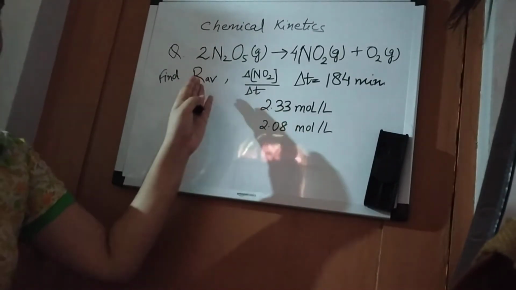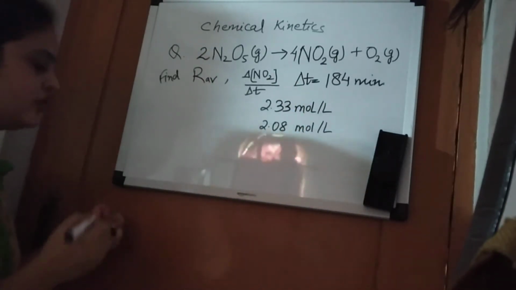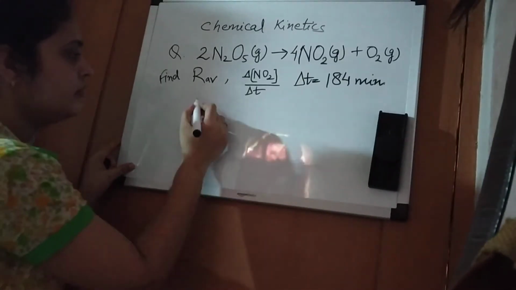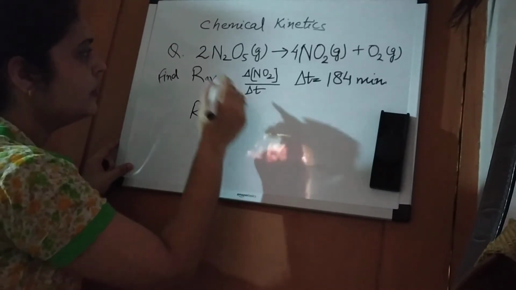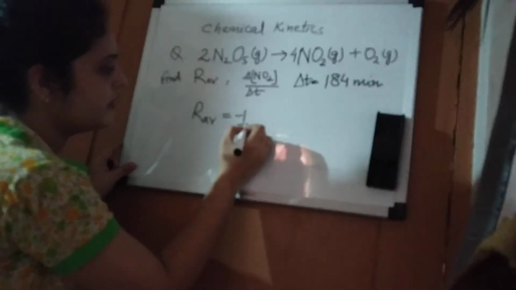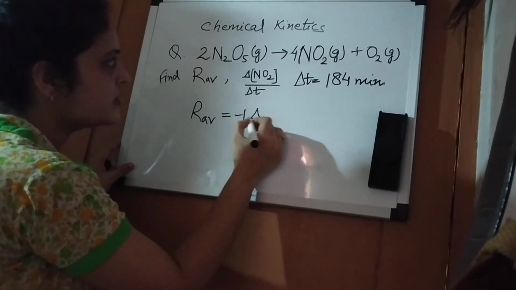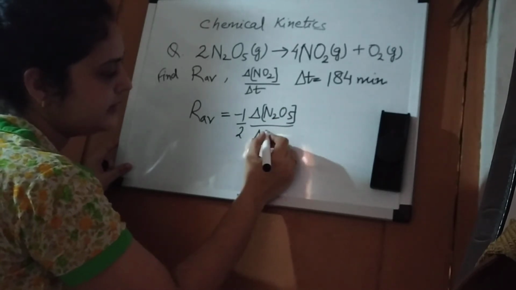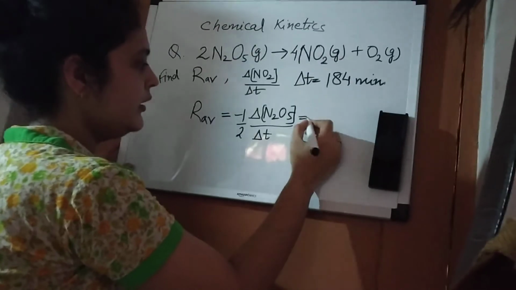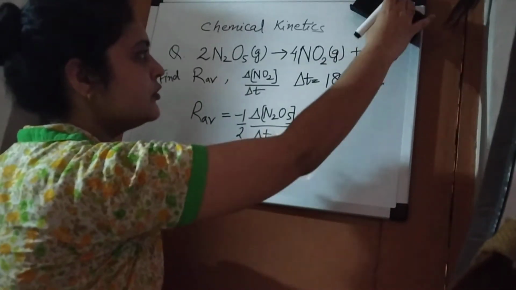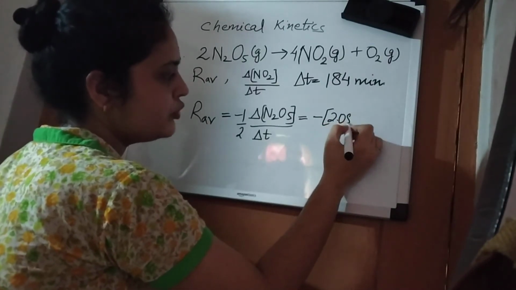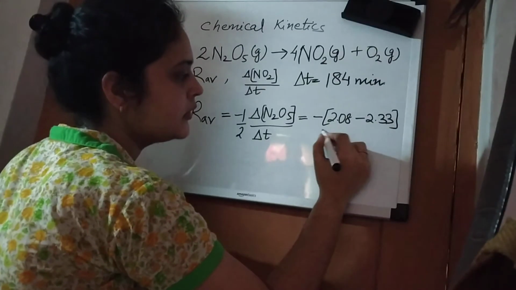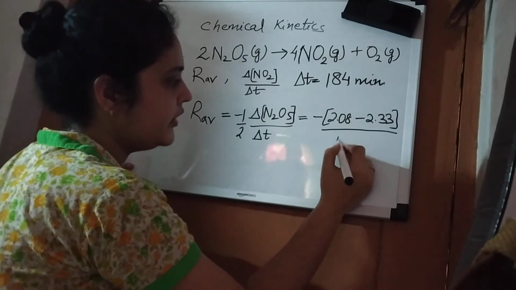So how will you find the average rate of reaction? You know that the average rate of reaction equals, since the coefficient is 2 here, we write minus 1 by 2 because it is a reactant, times the change in concentration of N2O5 upon delta T. Delta T we know is 184, and the change in concentration of N2O5 is given in the question, that is final 2.08 minus initial 2.33, upon 184 minutes.